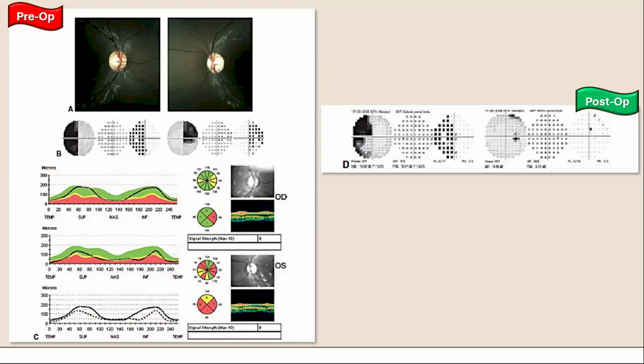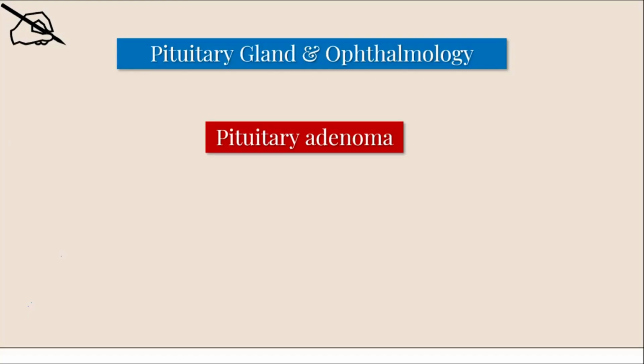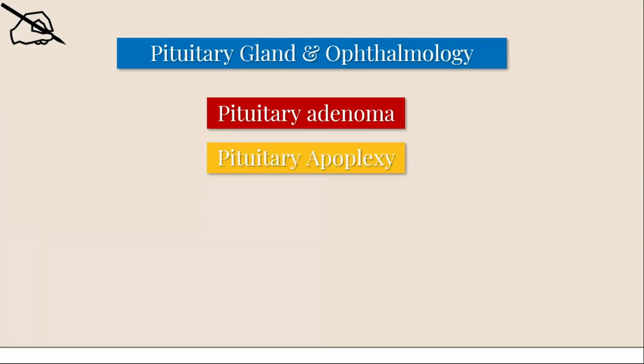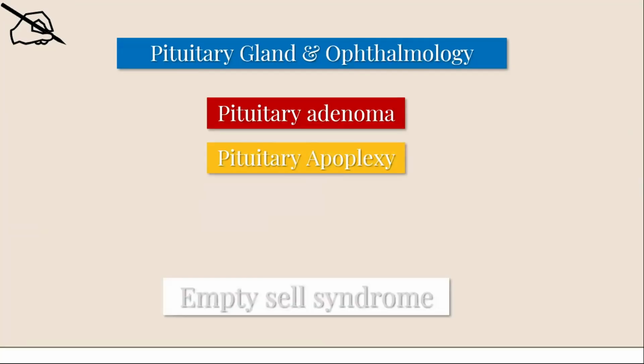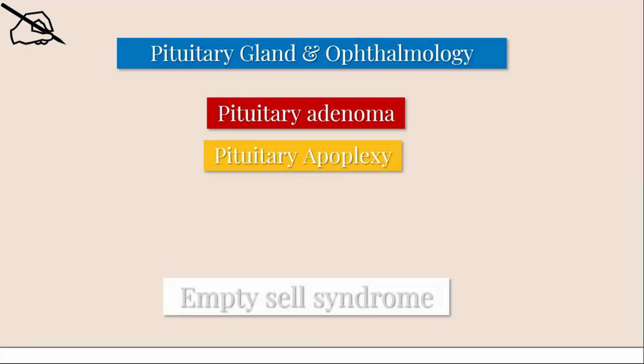It is also suggested that based on the OCT, we can predict the visual outcome according to the thickness of the nerve fiber layer. So you have to work on your own and read about pituitary adenoma in detail because this is a high-yield question. They also ask about pituitary apoplexy and finally empty sella syndrome.